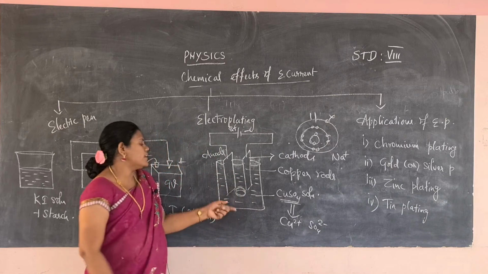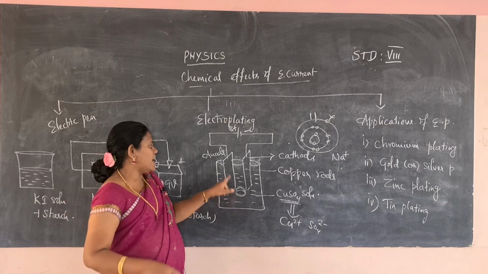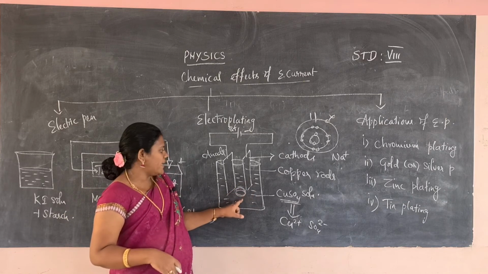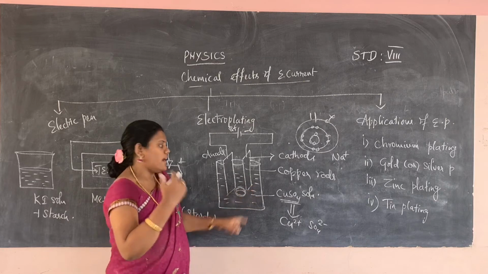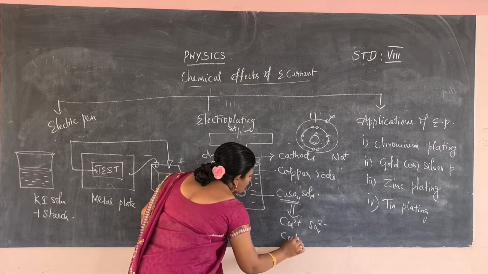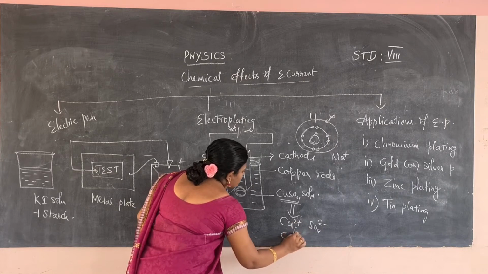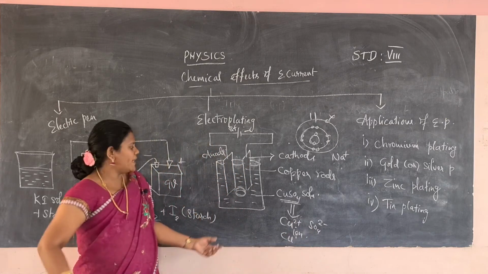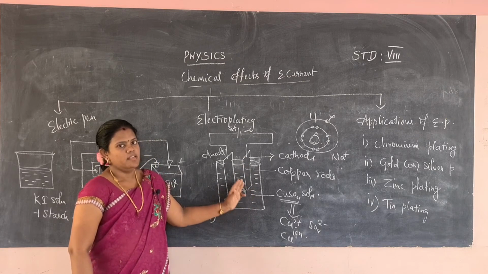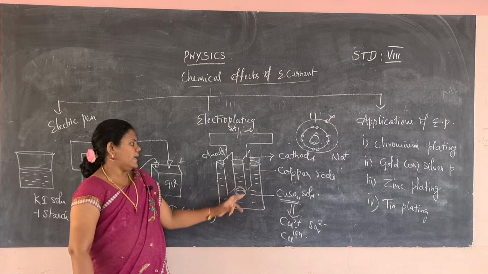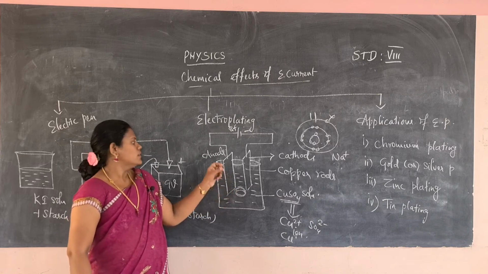So in this part the copper will be moving from the anode to the cathode. The copper ions gain 2 electrons at the second metal plate to form copper. So the copper 2 plus ion will be deposited on the second plate. Then this process will continue.